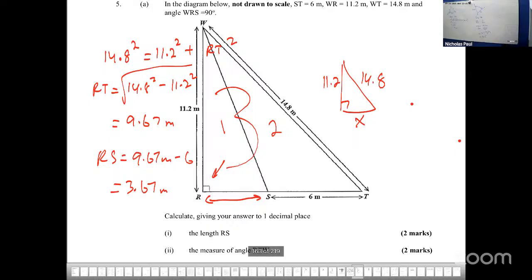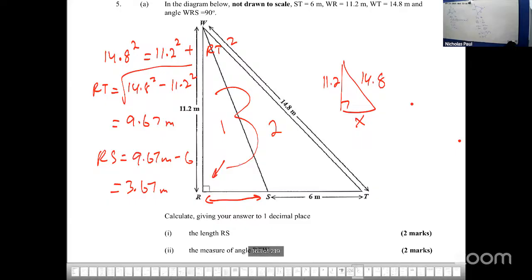Okay? So you see in these questions, what will make it hard is you have to go back and figure out which rule to use. That's the objective today, really, to figure out which rule to use. So nice, 3.67, most people got that. Very good. Go on to the next part now.